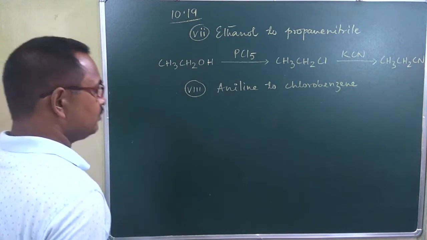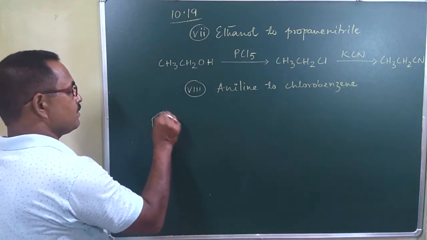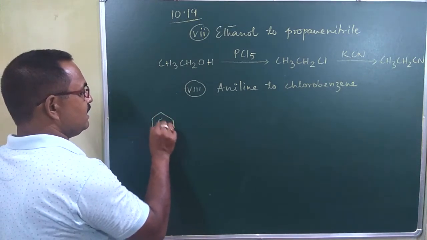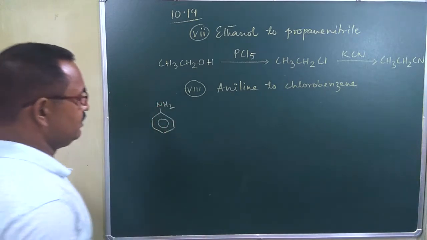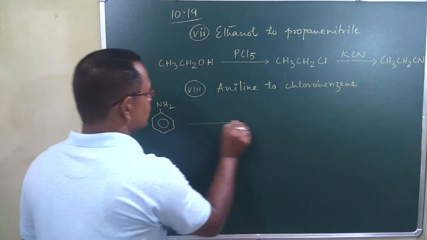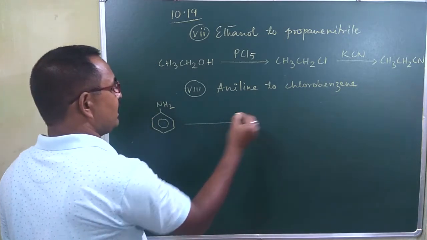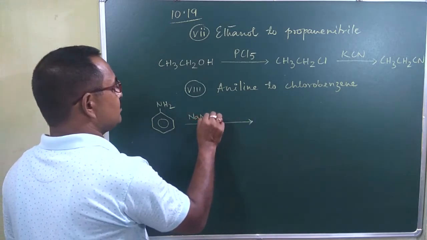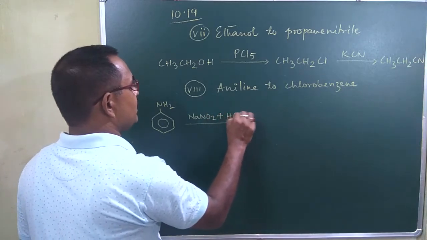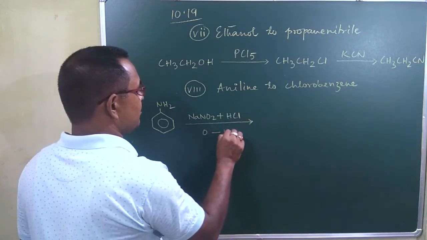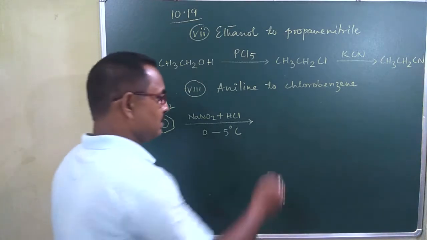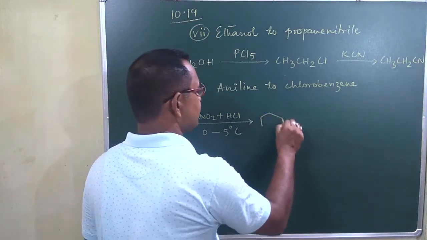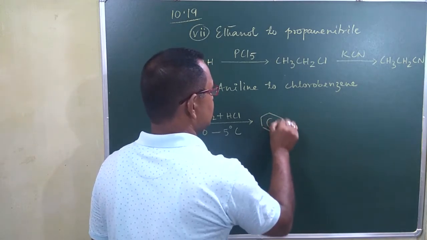Aniline to chlorobenzene. What is aniline? Aniline means amino benzene. This is aniline. Treat aniline with a mixture of NaNO2 and HCl at low temperature, 0 to 5 degrees centigrade.